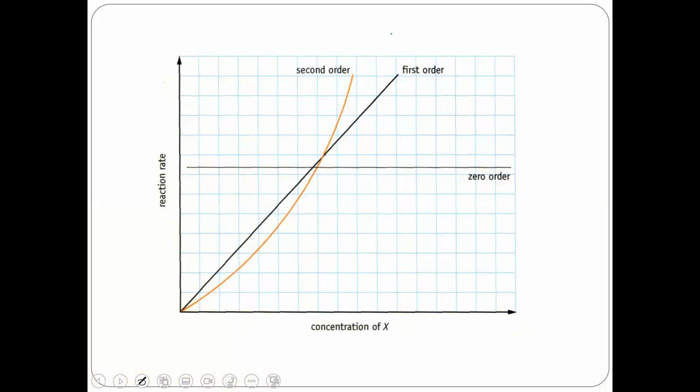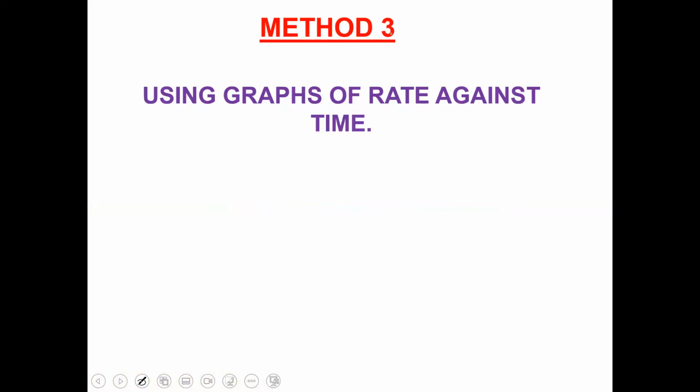Again, this is the shape of the graph to remember. When the line is horizontal, it is y equals k. When it is a straight line, y equals x. And when it is a curve, it is y equals x squared. So just give the heading method 3, using graphs of rate against time.